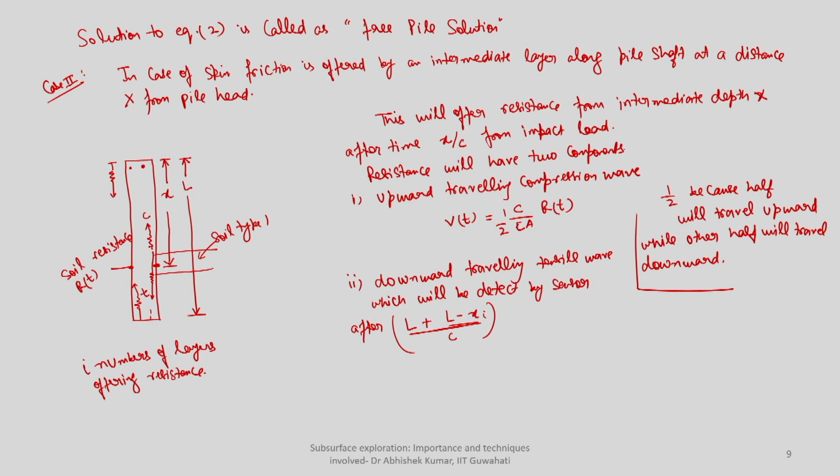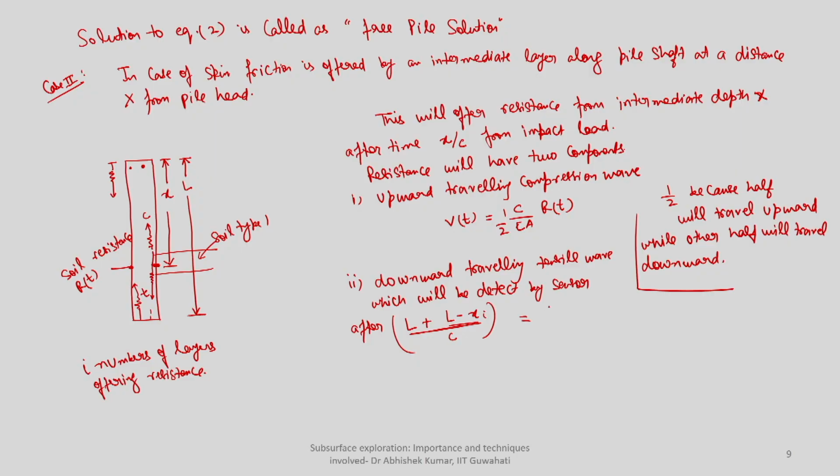So, that is L minus xi. Now, as a result of this unconformity, as a result of this layer which is capable of offering resistance, there will be some component traveling upward and some component traveling downward, but before getting detected at the receiver, it will be reflected from the base or toe. So, you can call it 2L minus Xi over C from hammer impact.